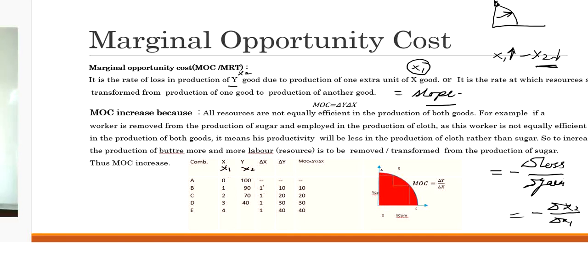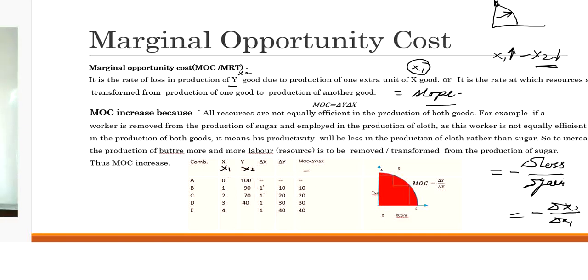So if you calculate MOC, you have to apply this formula, delta X2 by delta X1. Means 10 by 1, minus 10. MOC, you will get the value in negative, which indicates fall in the production of one commodity. Second, 20 by 1, minus 20; minus 30 by 1, minus 30; minus 40 by 1, minus 40.